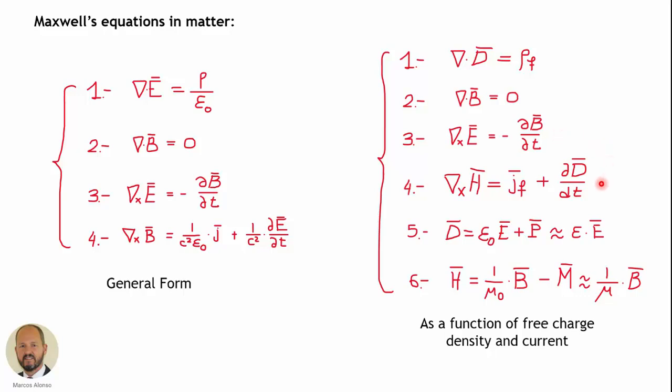And this one here means that the line integral of H along any closed line is equal to the total current through this curve, through this closed line, plus the derivative in time of the flux of D through this closed curve.